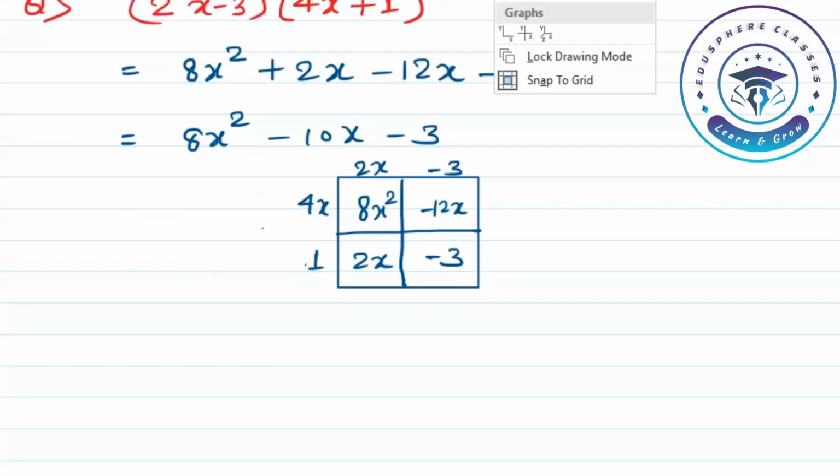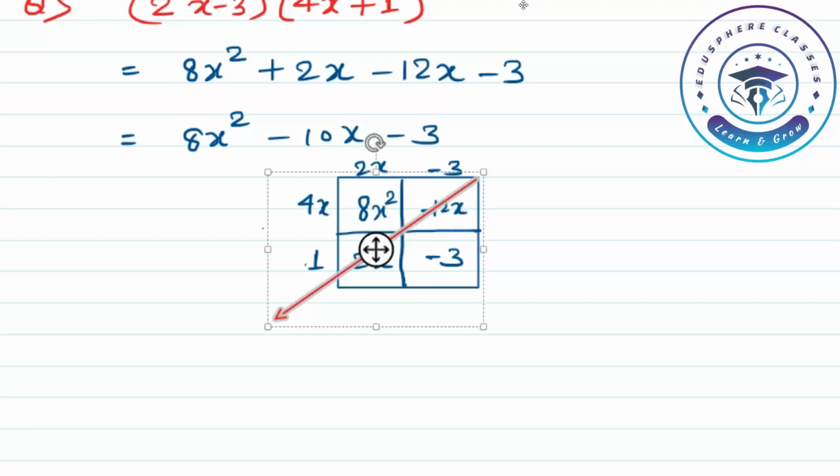And remember, whenever in a box method you have written the terms in standard form, then you will always get the like terms on the right to left diagonal. As you can see, negative 12x and 2x we are getting, so it will always be on the right to left diagonal.